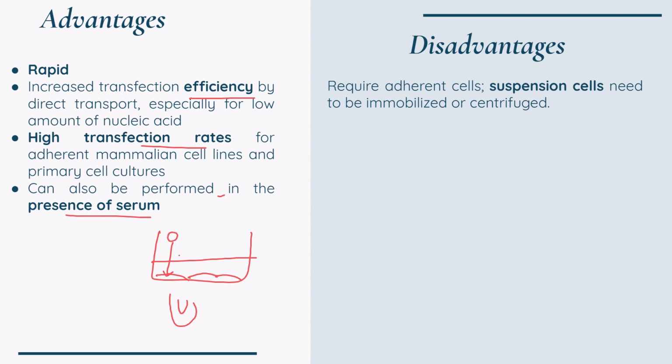So it doesn't matter. Then the disadvantage is that it requires adherent cells. Suspension cell cultures need to be immobilized or centrifuged, and made to adhere to the surface of the culture plate or whatever, for doing this method.